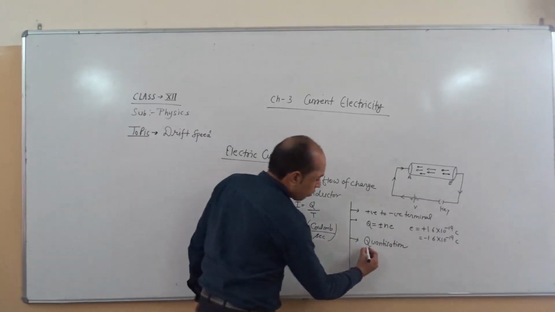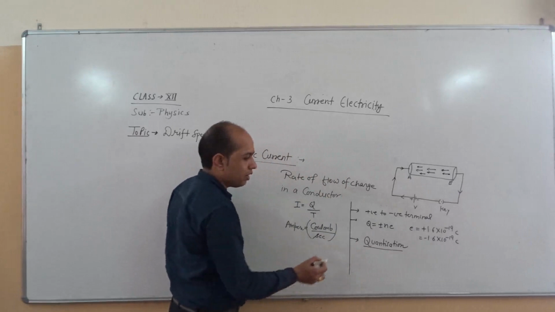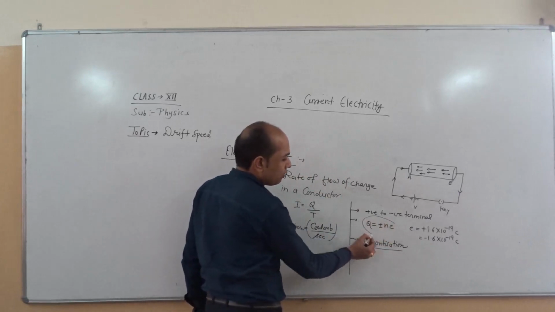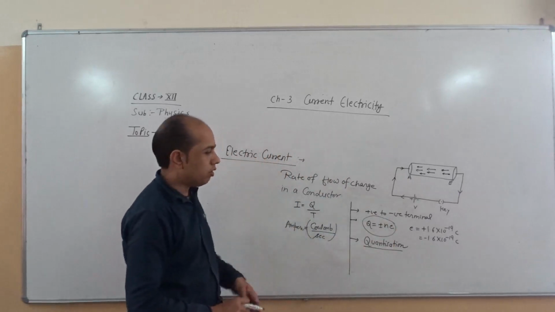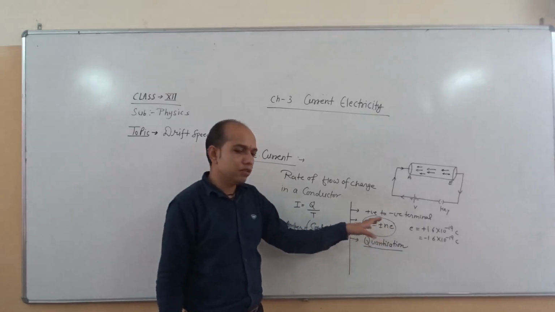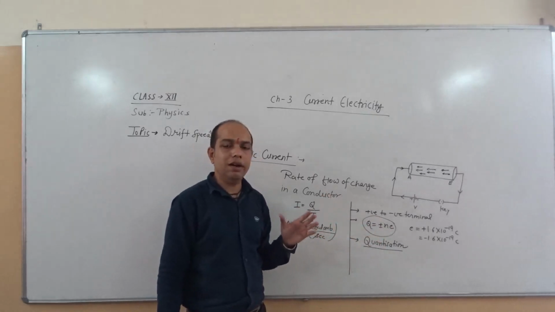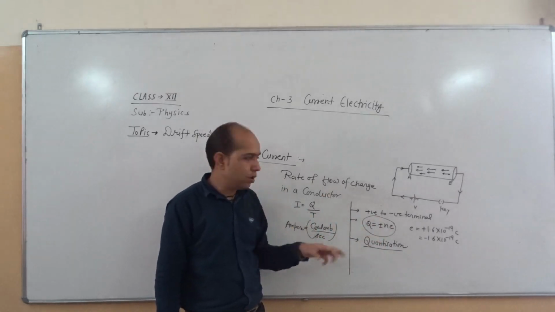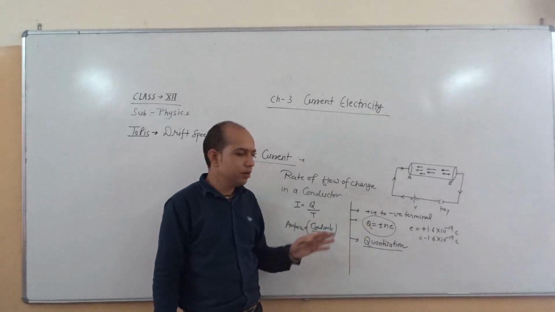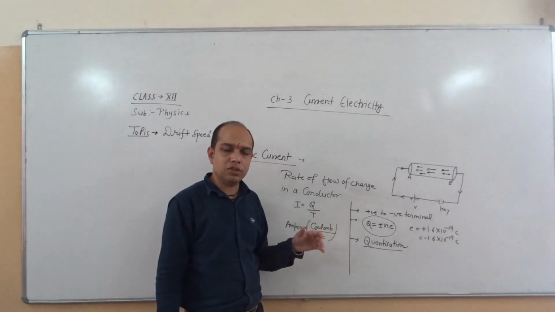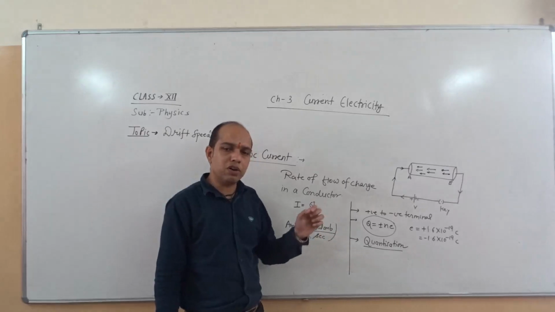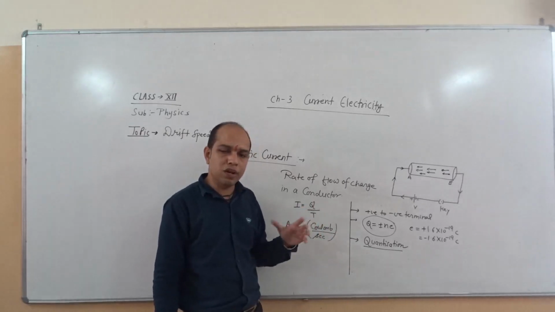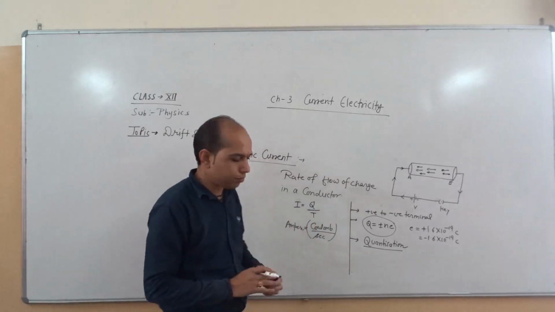This is called quantization, and the smallest packet is Q equals plus minus ne. This also shows charge is never found in fractional part because n is an integer. So maybe 1 times, 2 times, 3 times, 4 times, but not a p by q form, that is 1 by 2, 2 by 3, and so on.